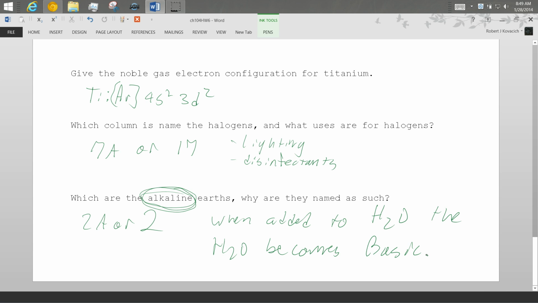The water's pH goes up. So alkalinity is an older term for base, and so when added to water, the basicity of the water goes up. It becomes more basic, or it becomes basic. Okay.